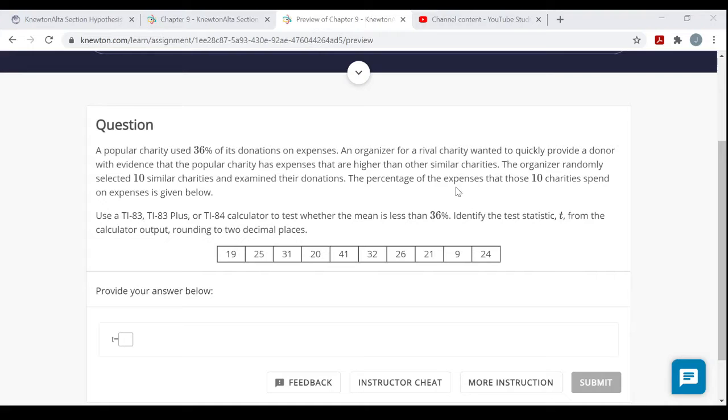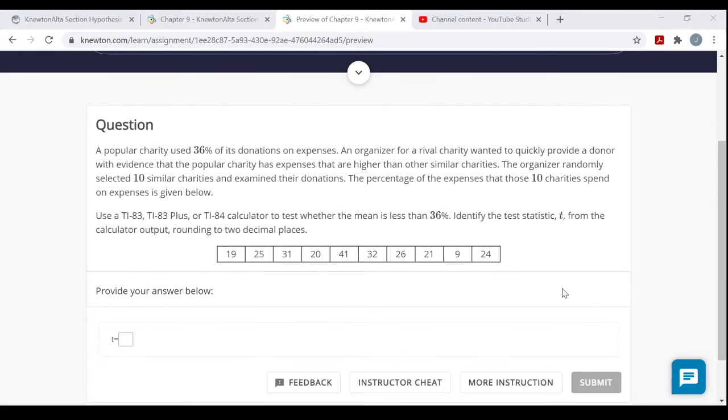The percentage of the expenses that those 10 charities spend on expenses is given below. Use a TI-83, 84 Plus to test whether the mean is less than 36%. Identify the test statistic t from the calculator output rounded to 2 decimal places.